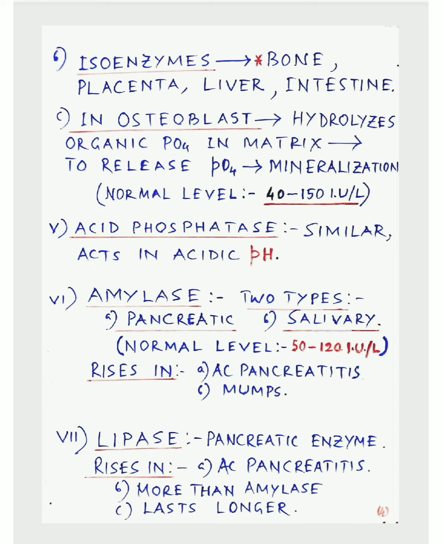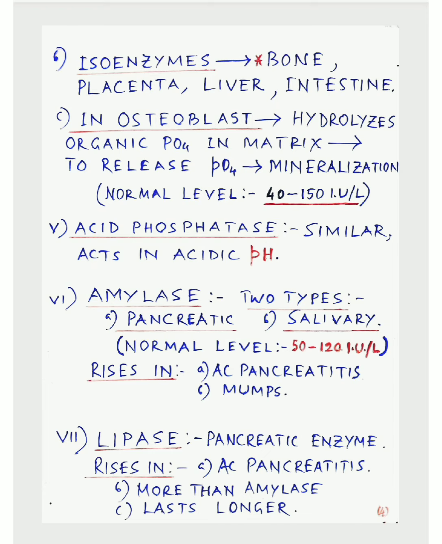This King-Armstrong unit is still used in clinical practice, therefore I have told this one. Otherwise, you can remember the international unit level of alkaline phosphatase, that is from 40 to 150.